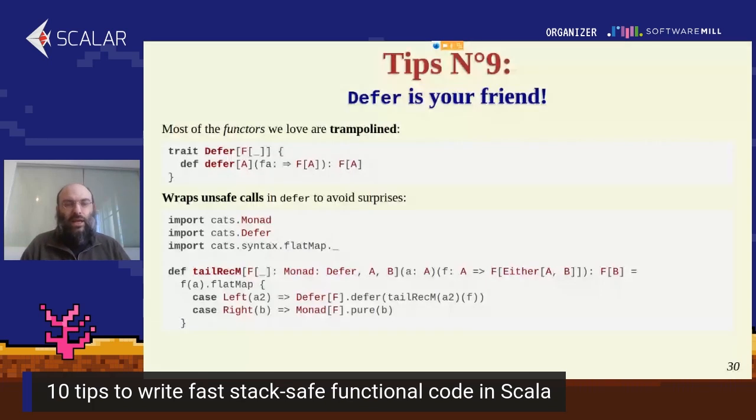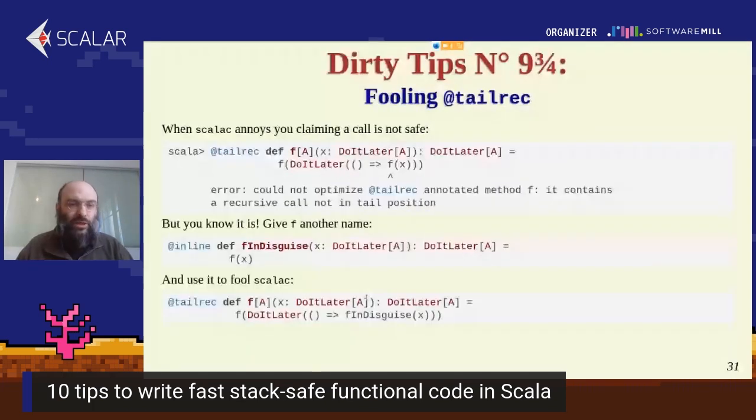So if you want to keep the compiler happy, what you can do is create another function, make it inline, and I call it f in disguise, that just calls f. But because it's another function, the compiler will not complain if you call it inside. That's a small trick, but it simplifies life.